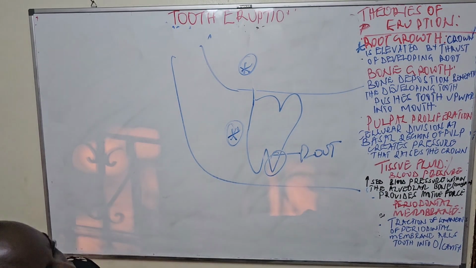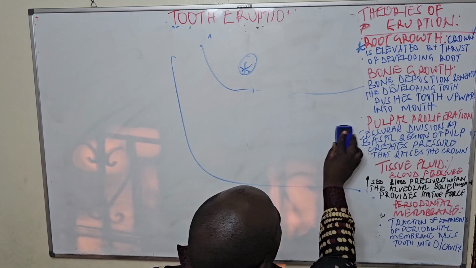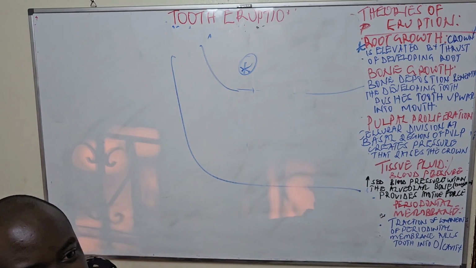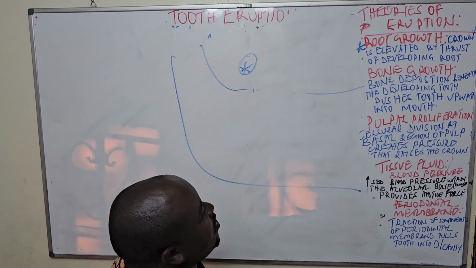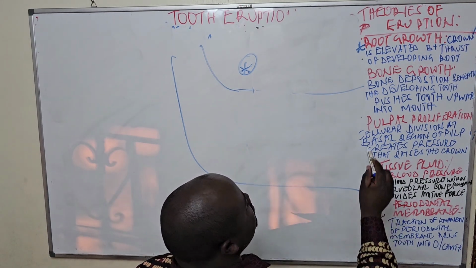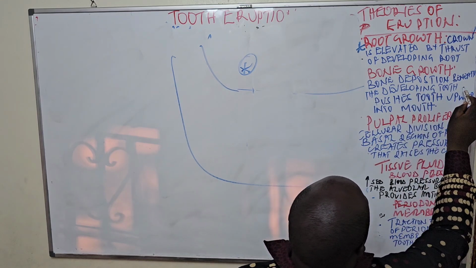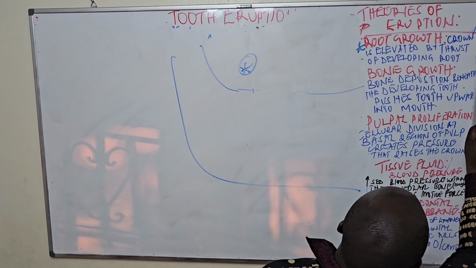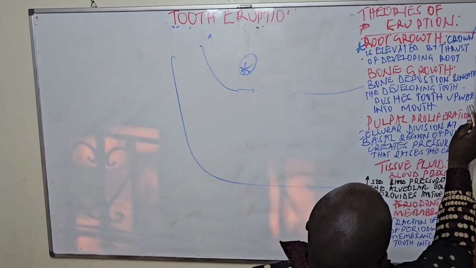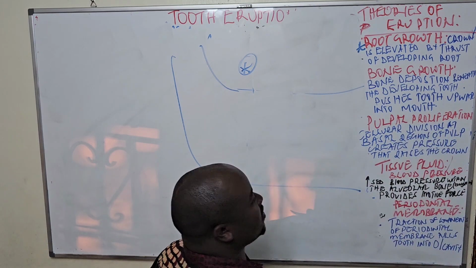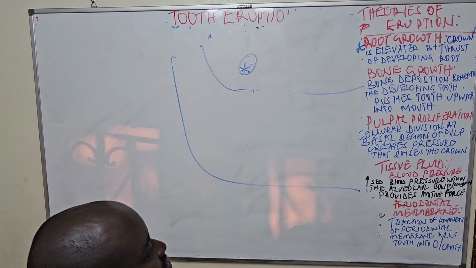We have another one called bone growth. There is what we call bone deposition. This one states that there is always bone deposition around the developing tooth that pushes the tooth into the oral cavity. That is bone growth theory.